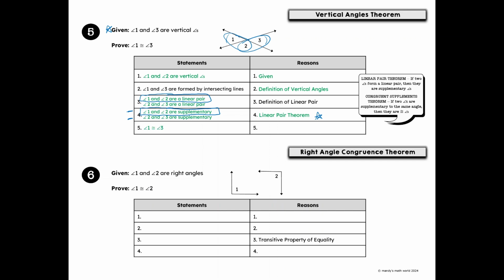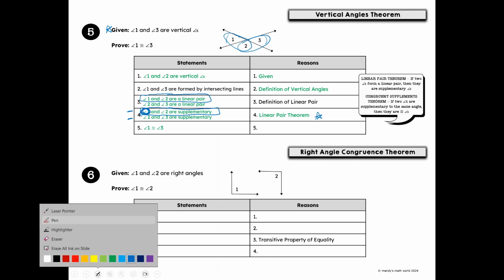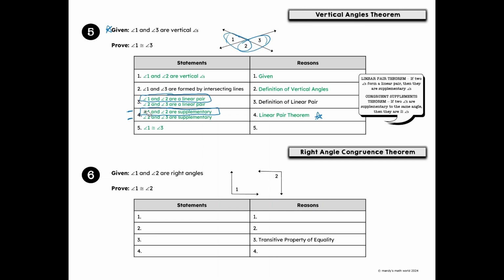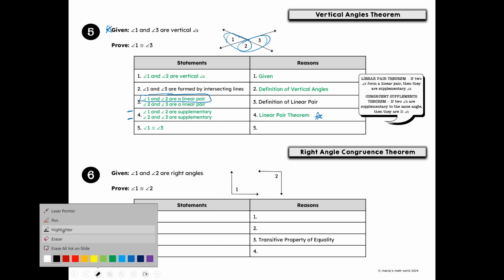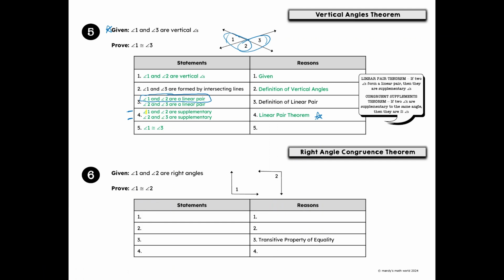That tells me that angle 1 right here, oh gosh, let me erase. Let me do some erasing here. Maybe I'll use my highlighter. Okay, highlighter. That tells me that angle 1 is congruent to angle 3, right? They're supplementary to the same angle, which means they're congruent.